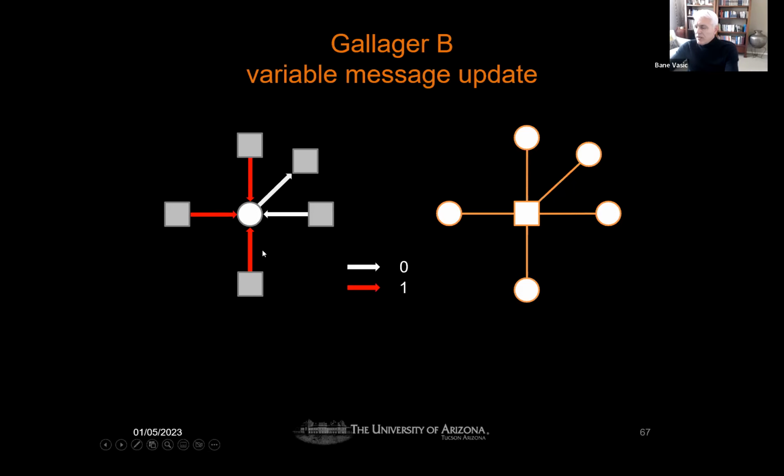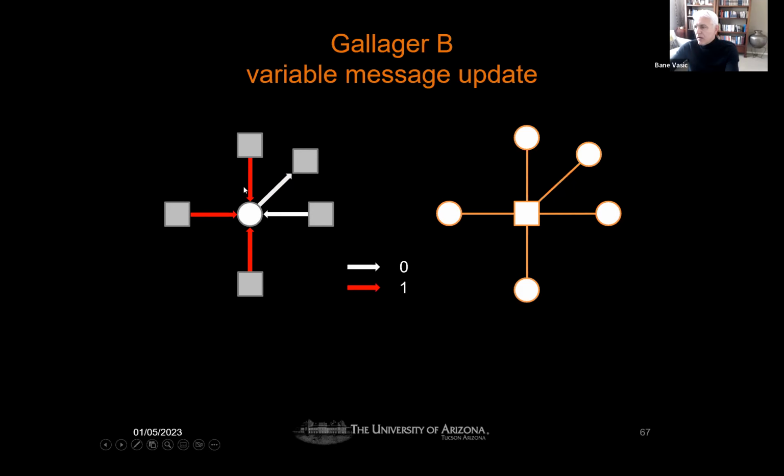So here is the rule that is used. When there is a majority of messages, we send the majority value. There are 3 red messages. The message that I send to this check node is based on messages that are obtained from all other check nodes except this check node, and it is the majority of these messages.